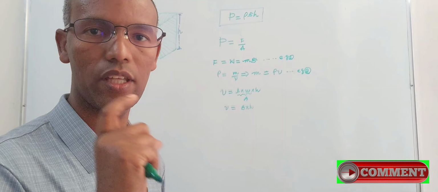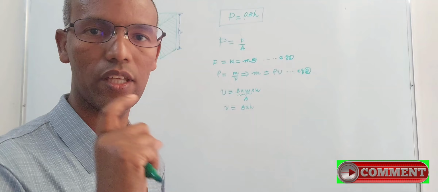Now, also from this rectangular surface, you can understand the volume is equal to length multiplied by width multiplied by height, right?